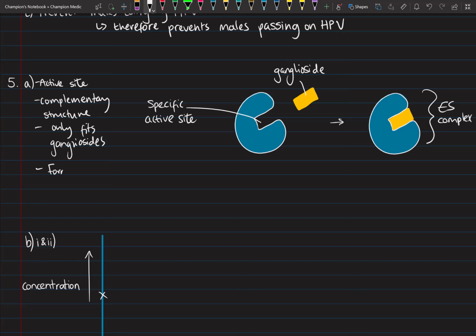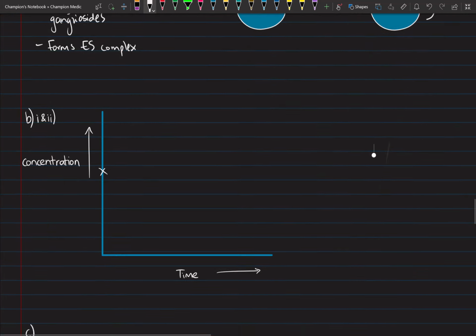It also forms the ES complex. Just make sure you write out enzyme substrate complex, but we're just doing shorthand for now. Whenever you see enzymes, just think of this diagram and it will all make sense.